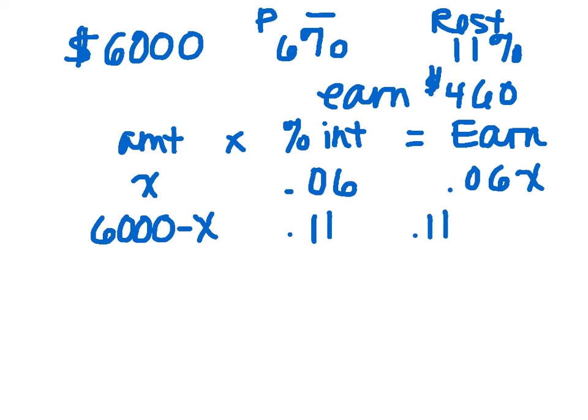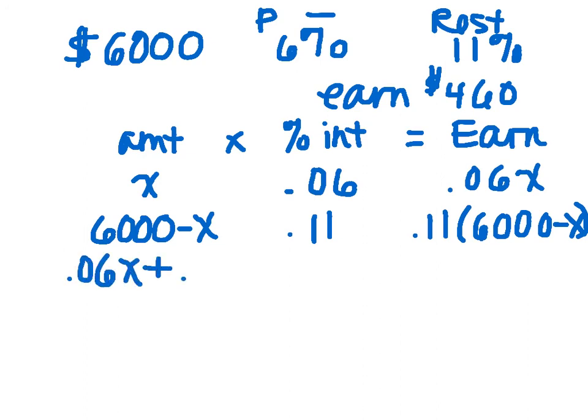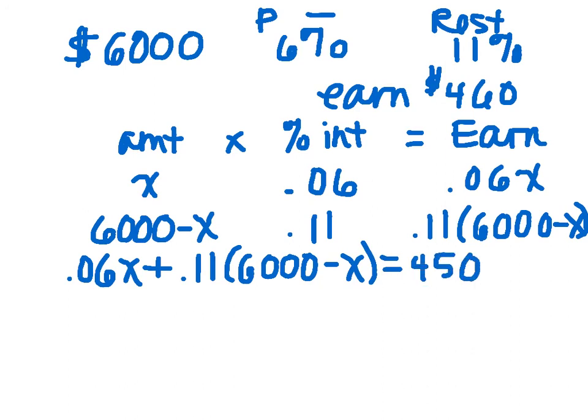So that's 11% of 6,000 minus X, and we know it makes a total of 460. So what I know is 0.06x plus 0.11 times 6,000 minus x is equal to $450.